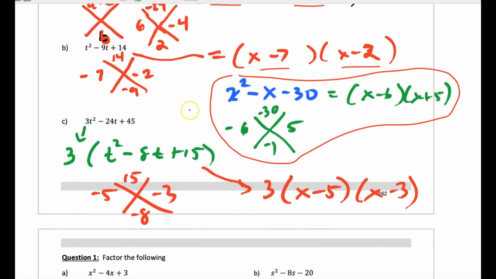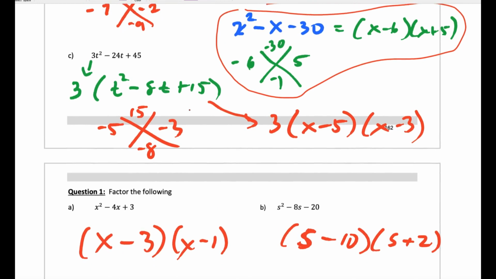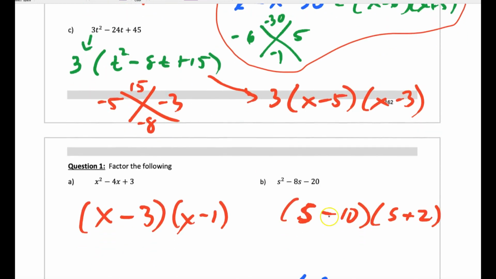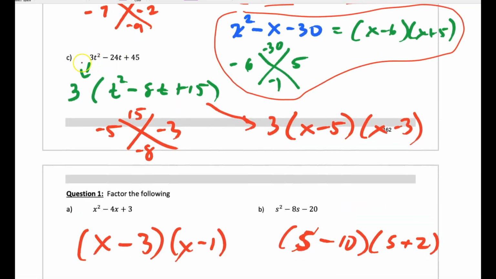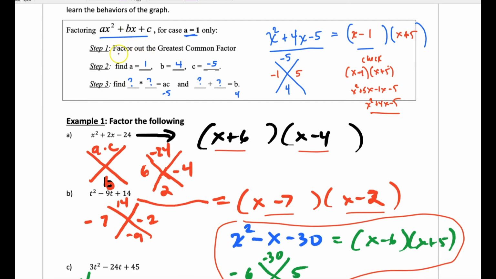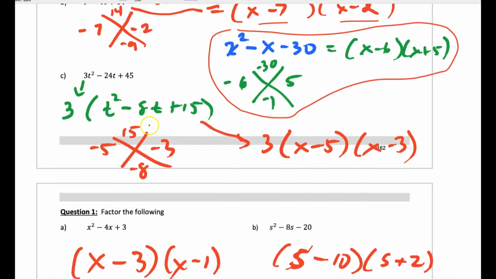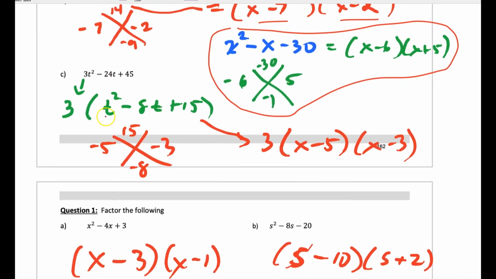It just takes practice. Now, sometimes the problems look a little bit more difficult in terms of this number is not a 1. So what happens is you end up factoring out the greatest common factor. And I see 3 goes into each of those. And once you have that, you end up with a new expression with 3 factored out.